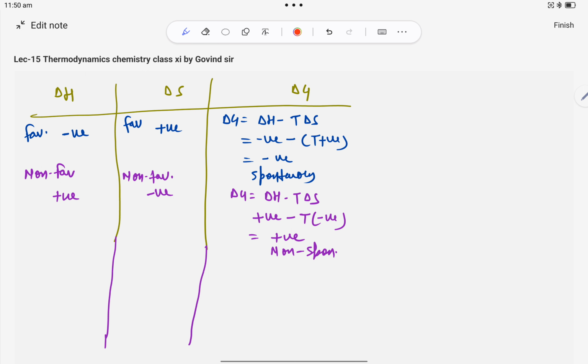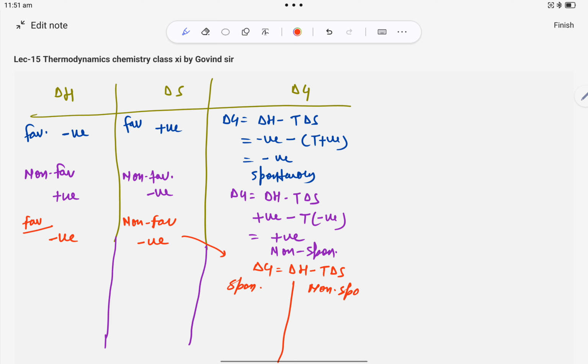Now one favorable and one non-favorable. Then there are two conditions, for spontaneous and for non-spontaneous.